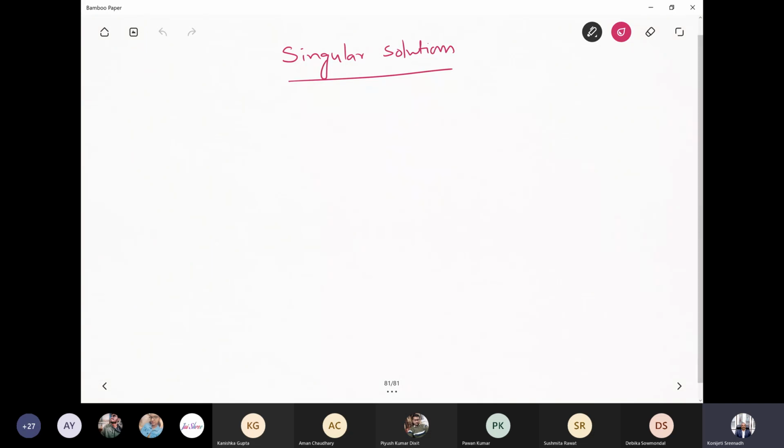Say for example, what are these envelopes? I'll tell you through an example, then you can remember what these envelopes look like rather than giving a mathematical definition. So look at the equation I gave earlier, the square root of y. You can write square root of mod y, doesn't matter.